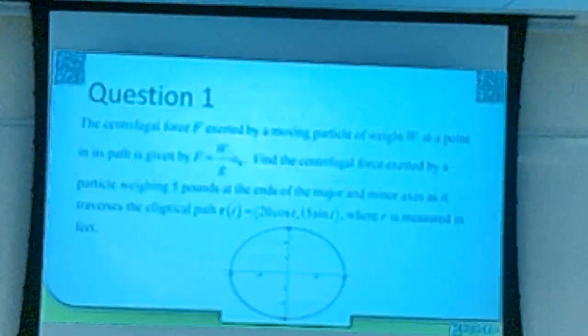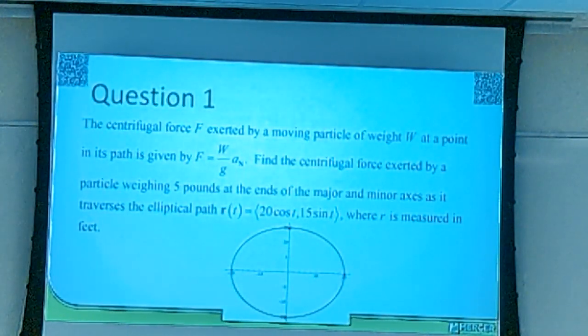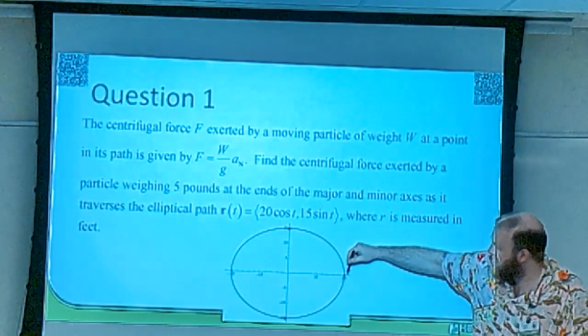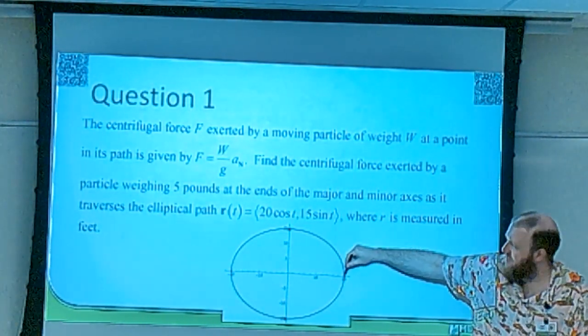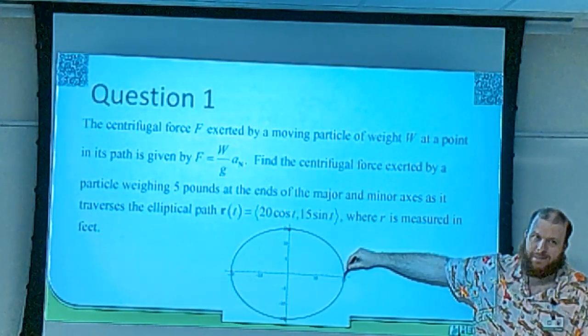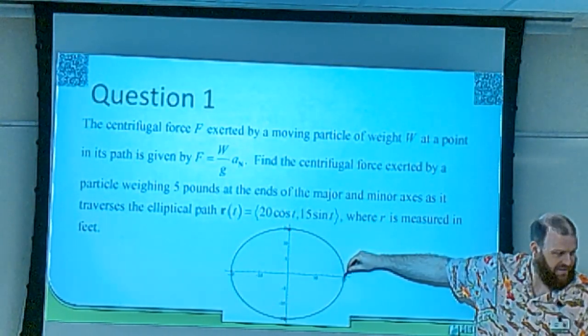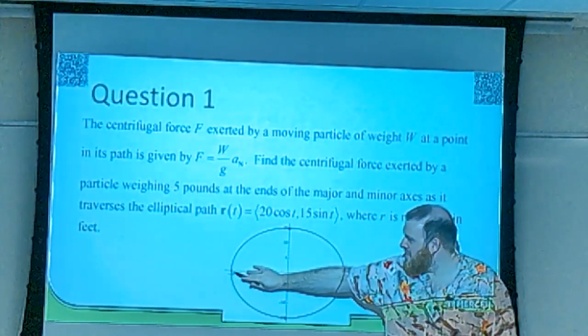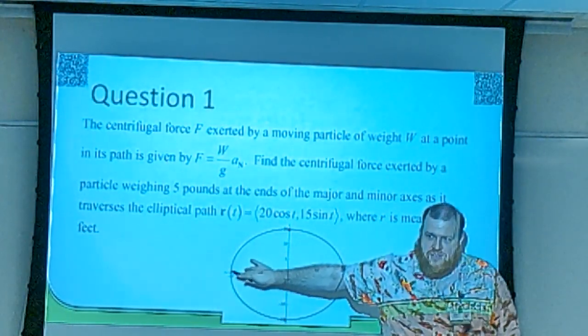On the ends of your major axis, what's the value of t? You have two values. What's t here? Zero. What's t over here?